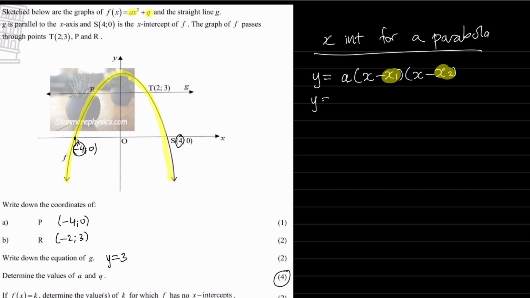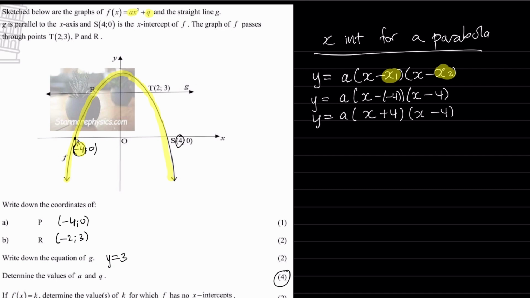So y is equal to a and then x minus 4 and then x minus minus 4. Right? The minus 4 is for this one. Let's simplify a bit just to neaten it up. y is equal to a into x plus 4 and then x minus 4.